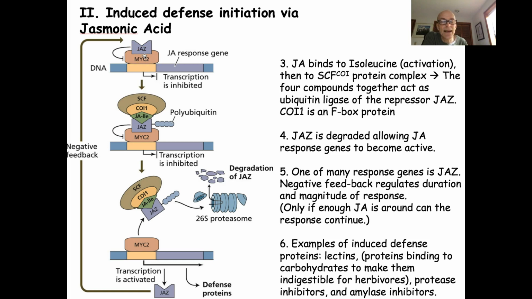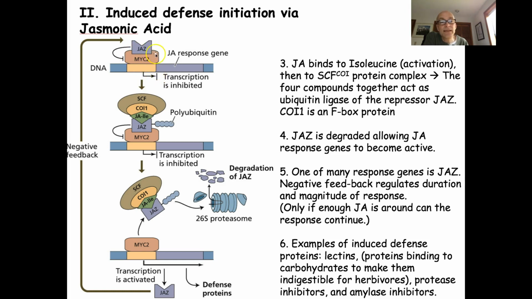Okay, one step at a time. So what are the JAS and the MYC protein doing here? Well, they act as transcriptional repressors. So the MYC sits on a region of the gene that is inhibited, the promoter region of the gene. As it's sitting there, bound to the JAS protein, the transcription is inhibited.